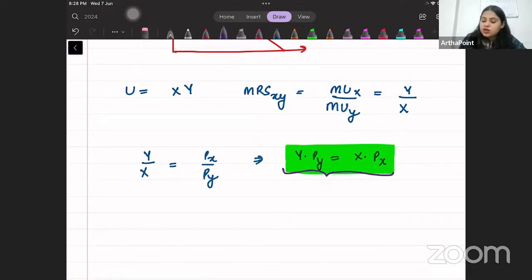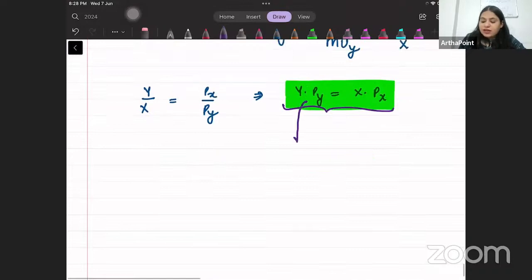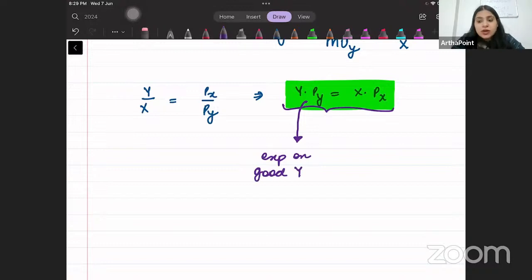But just note here that y into py is the expenditure on good y. X into px is the expenditure on good x. We are saying that in final equilibrium, the expenditure on good y is equal to the expenditure on good x. I am spending equal amounts on good x and y.